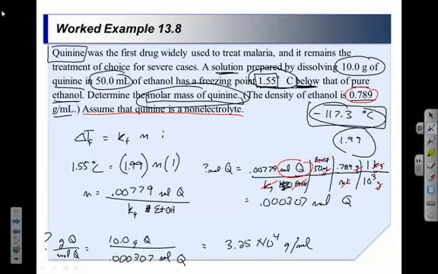I think I definitely made a mistake somewhere with my calculator. Let me just double check this real quick. Yeah, I don't know what happened here. These two zeros shouldn't be here. So that means this is actually going to be a slightly different number by a couple factors of 10.